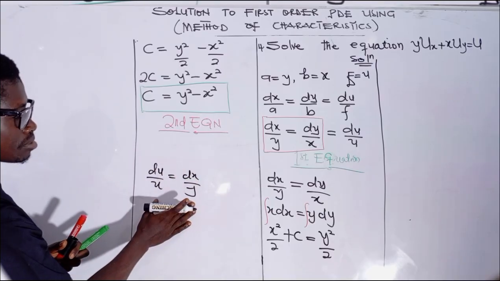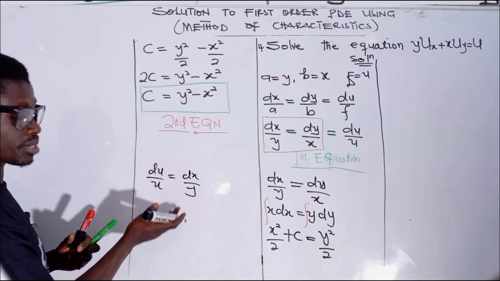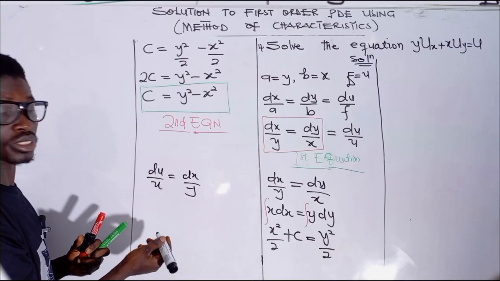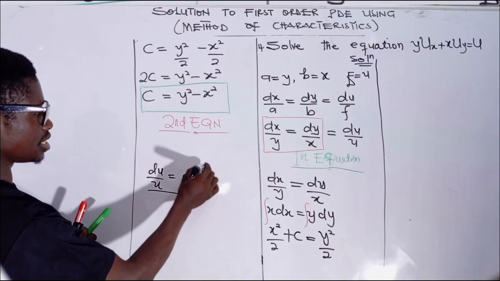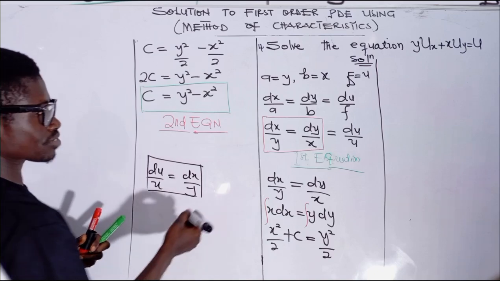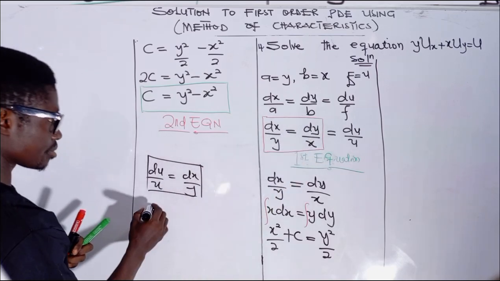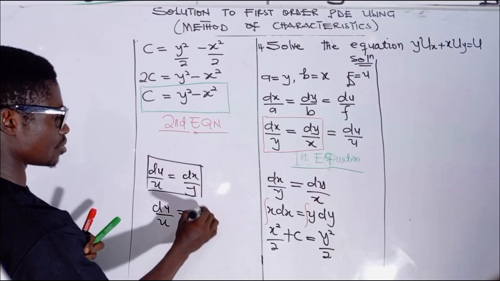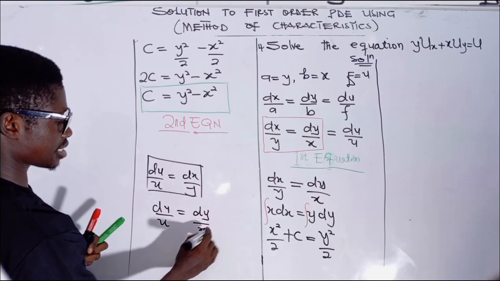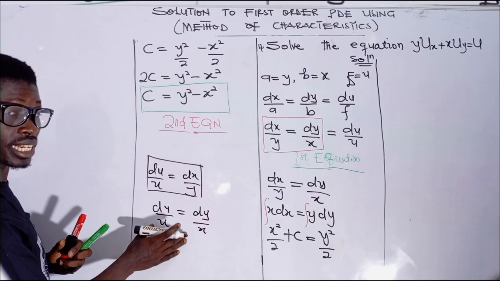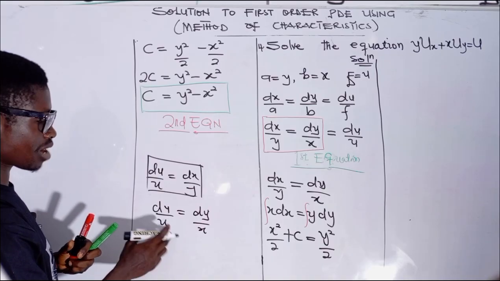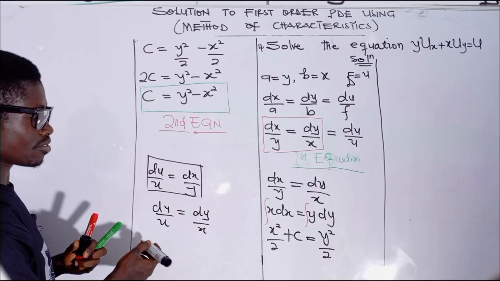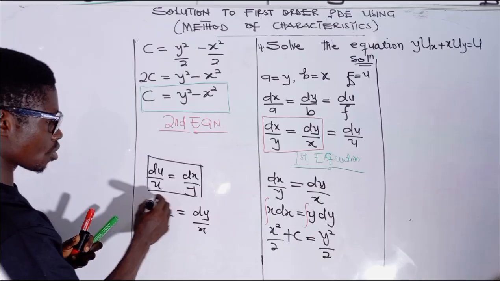You can see that we can't separate the variables because we have more than one variable. So we can't pick the u and then the x. Now let's write the u and then the y. We have du over u is equal to dy over x. Same with this one too, we can't separate the variables because we have more than one variable, and therefore it's very difficult for us to continue.